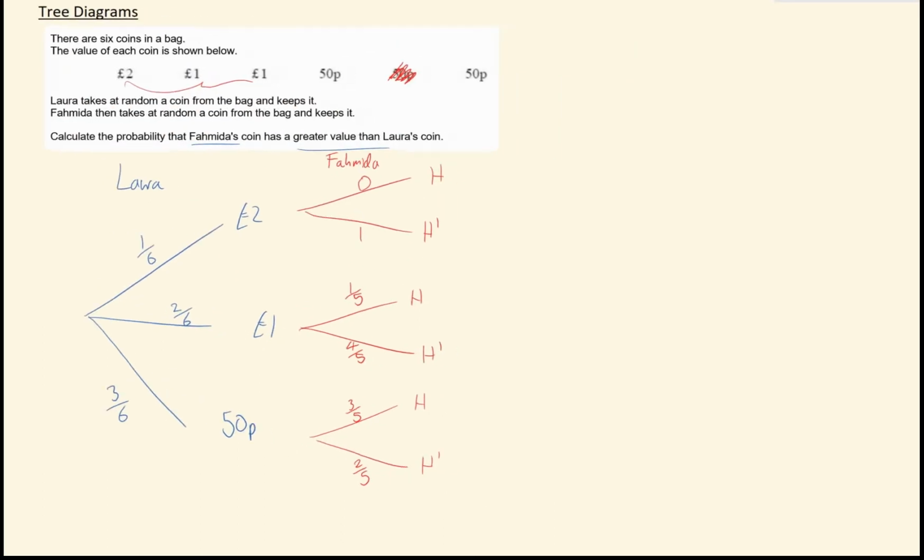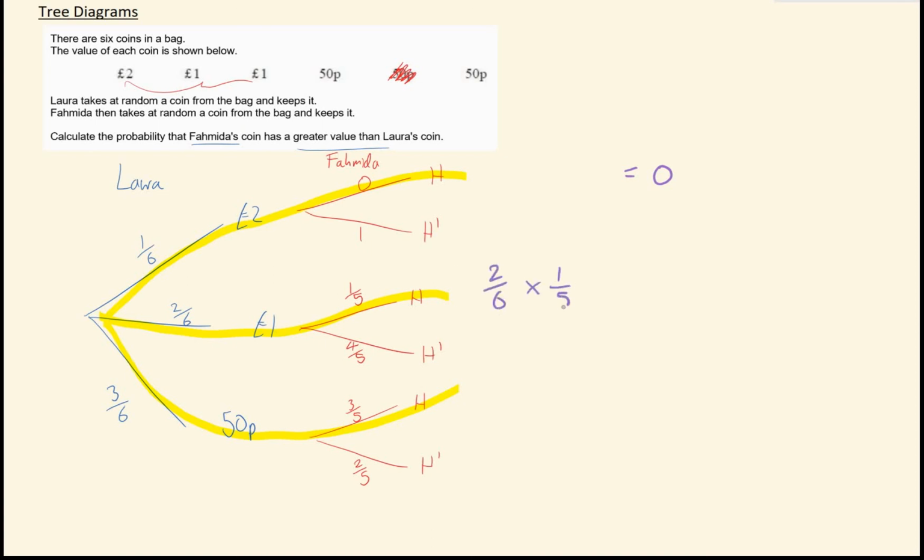I want to work out the overall probability that Famida's coin has a greater value than Laura's coin. That is going to be these 3 branches, even though one of them has a probability of 0. So that one just equals 0. If you go along branches of a tree diagram, you must always times.